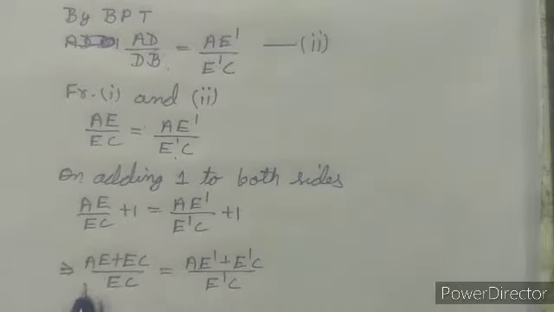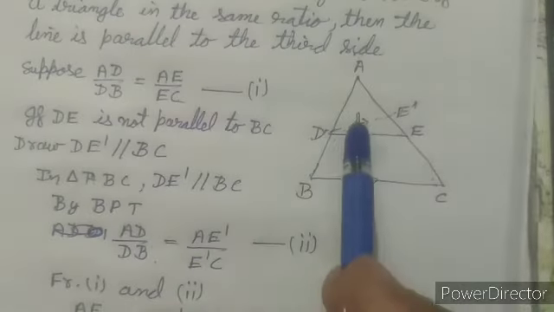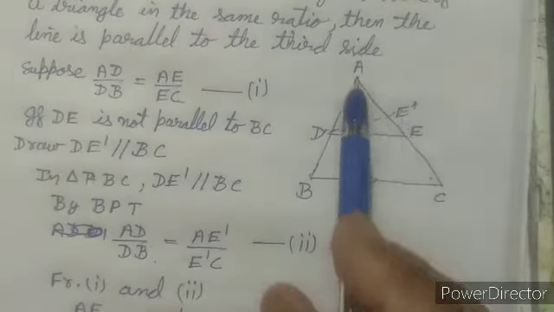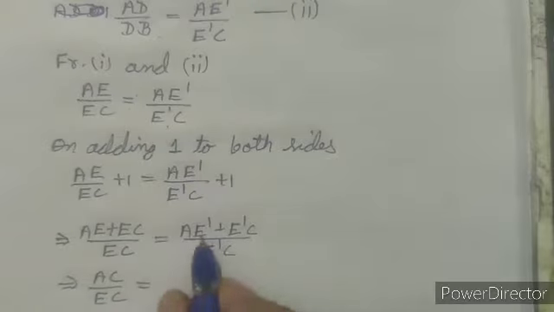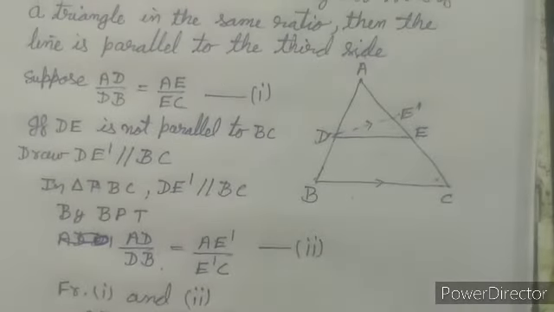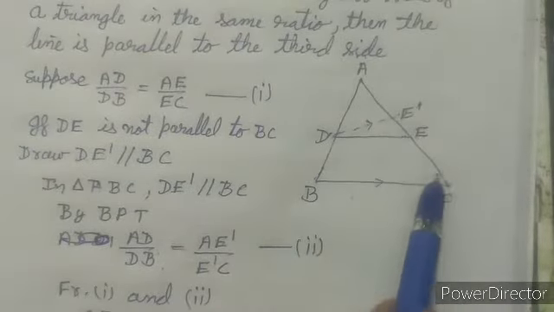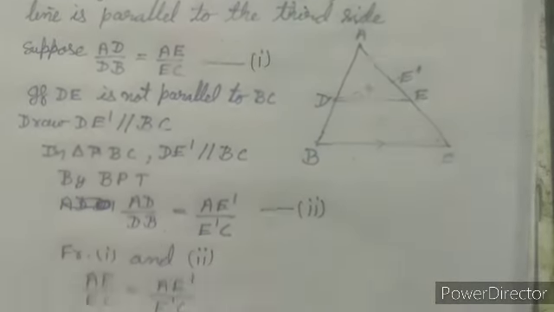Now if we see in the figure, AE plus EC will be equal to AC, and AE dash plus E dash C will again be equal to AC.